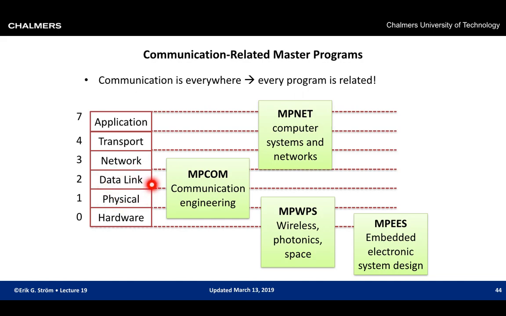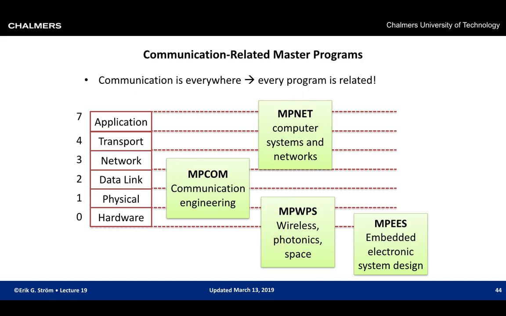Physical layer, quite a lot, a little bit of data link, maybe touching on the network layer, but its emphasis is here. Then if one is more interested in hardware, there is the Masters in Wireless, Photonics and Space, which deals with hardware for wireless in many aspects, both for communications but also for sensing, how to measure things from satellites, whatever. This is more the analog part.